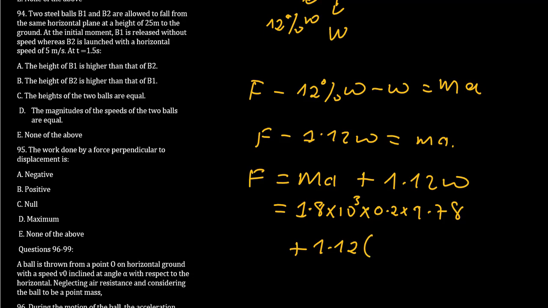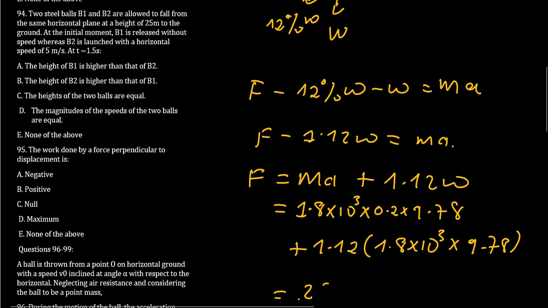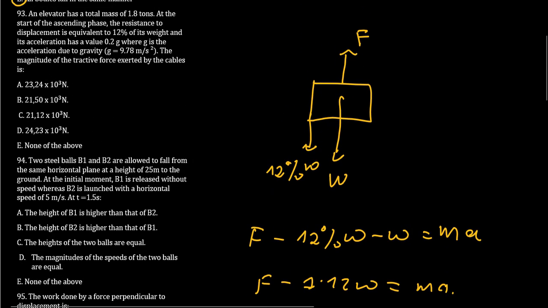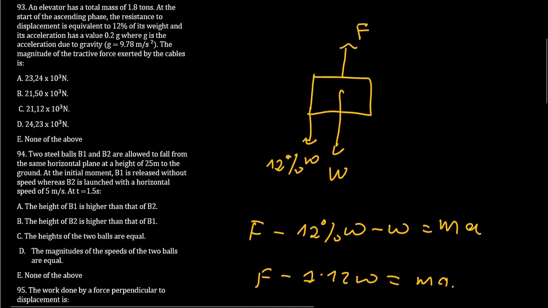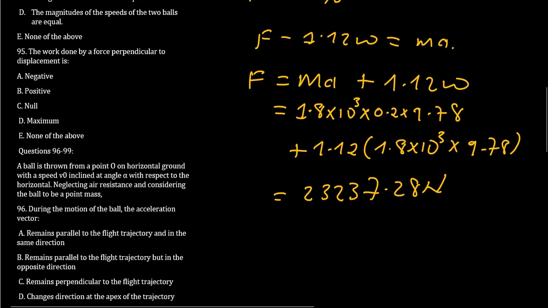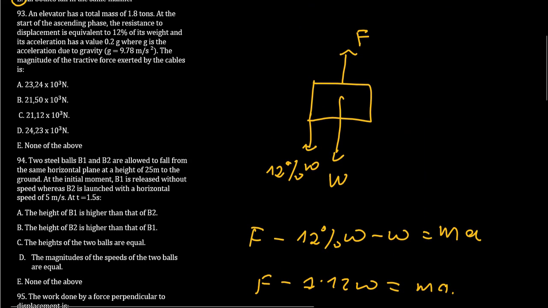The weight is mg, which is 1.8 times 10 to the power 3 times the acceleration due to gravity, 9.78. So numerical application gives 2.324 times 10 to the power 4 Newton. So we check the options: we have 2.324.